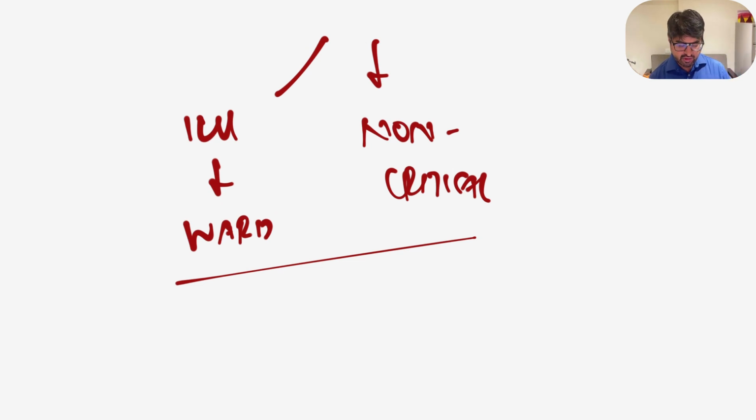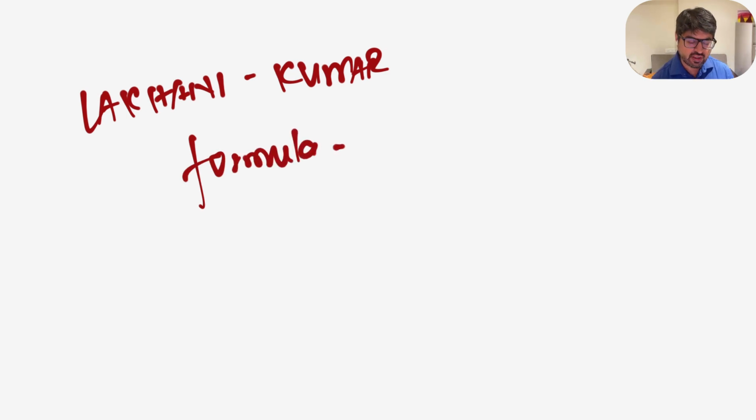Here we already discussed the formula, how we calculate the insulin dose. But in a non-critically ill patient, how do you start the patient on an insulin regime? We have a formula called the Lakhani Kumar formula. This is a slightly complicated formula where you have to use HbA1c.